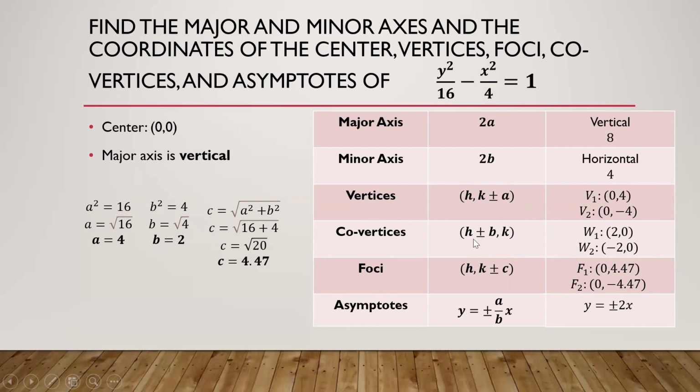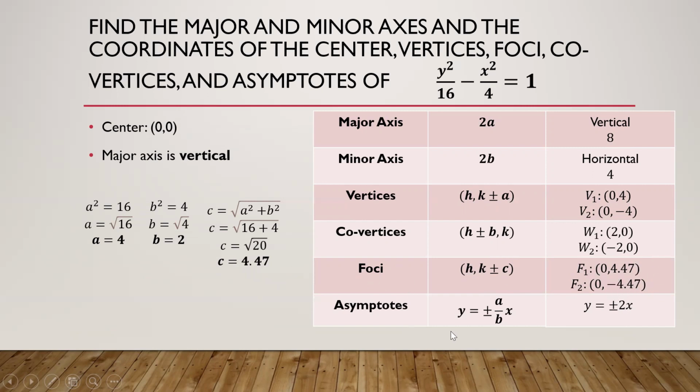For our foci, it's h comma k plus c. K again is still 0 plus c, 4.47. So that's positive 4.47. So the coordinates for f sub 1 will be 0 comma 4.47. Next, h comma k minus c. So that's 0 minus 4.47. That gives us the coordinates of 0 comma negative 4.47.